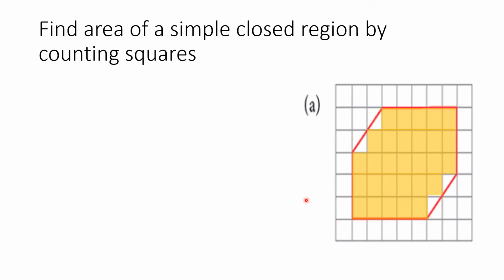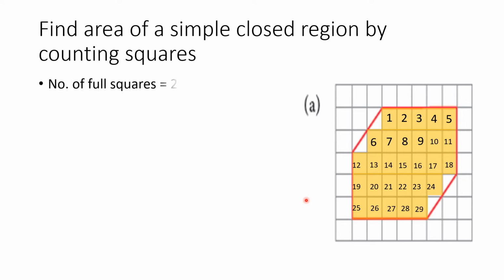Let us count: 1, 2, 3, 4, 5, 6, 7, 8, 9, 10, 11, 12, 13, 14, 15, 16, 17, 18, 19, 20, 21, 22, 23, 24, 25, 26, 27, 28, 29. 29 full squares are there. It means we will write number of full squares equals 29.